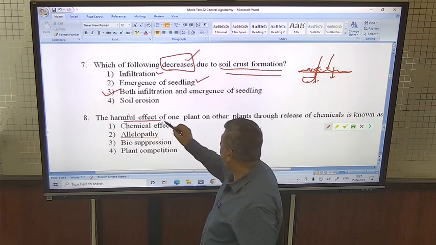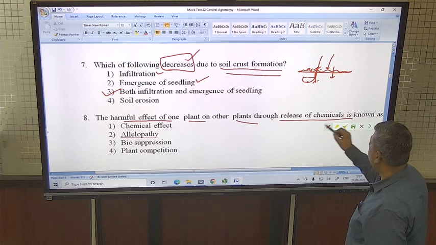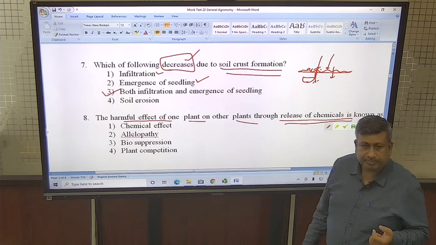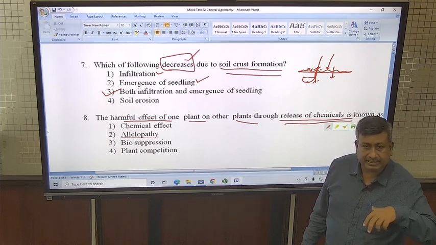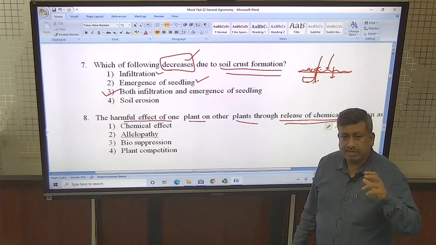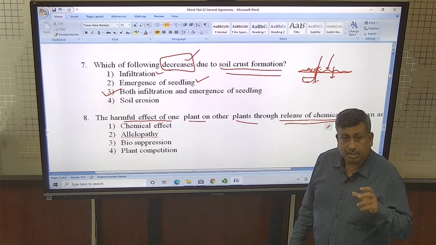The harmful effect of one plant on another plant through release of chemicals. One plant releases some chemical either by root or foliage, and these chemicals adversely inhibit the growth of the other plant. It means one plant has a negative impact on another plant through the release of chemicals, not by competition.